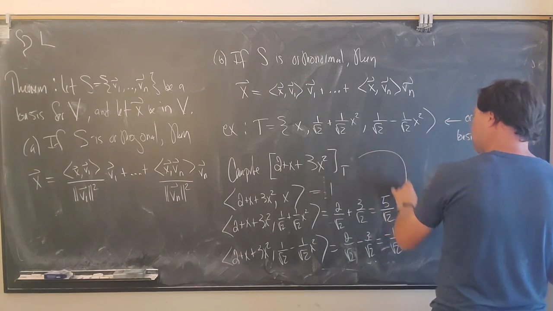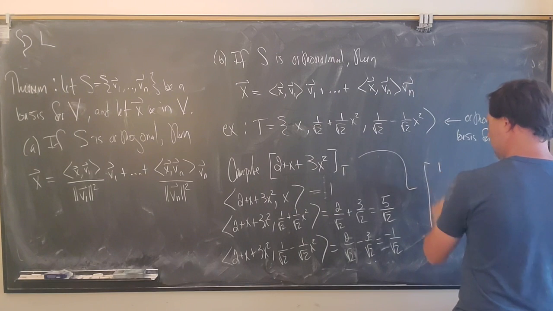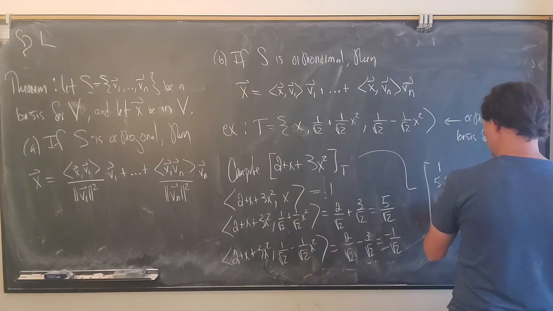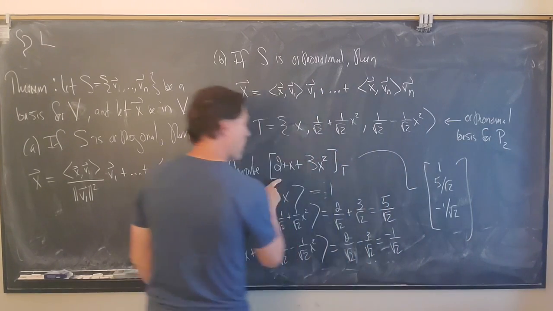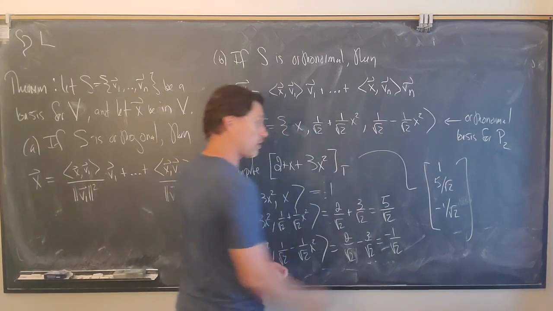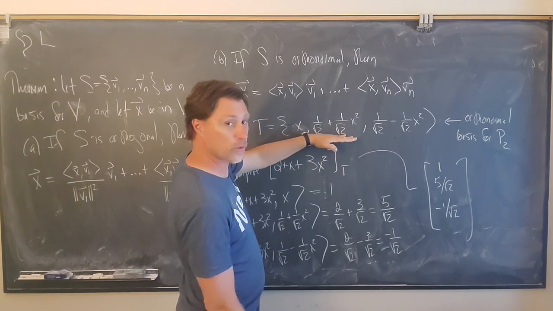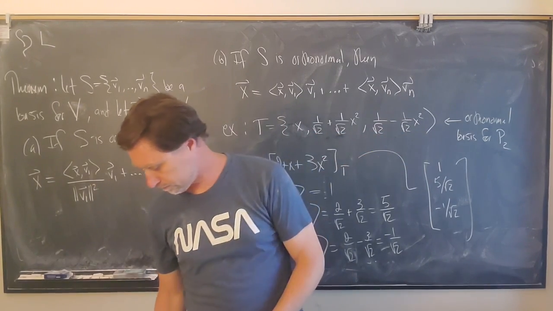So the coordinates are equal to 1, 5 over root 2, and negative 1 over root 2. So if you want to express this polynomial as a linear combination of these three polynomials, you do it by taking this polynomial plus 5 over root 2 times this polynomial minus 1 over root 2 times that polynomial.